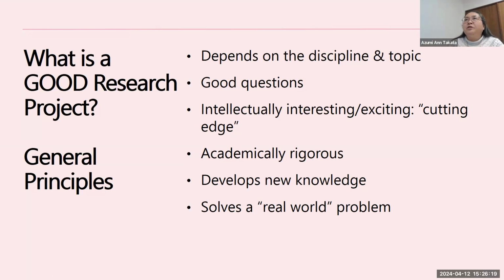And some of the disciplines are sort of like that, and in some cases they're competing visions and priorities about what kinds of topics and research problems are important, and what kinds of research methodologies are appropriate, and so on and so forth. So what is a good research project depends very much on the particular discipline and the topic of research.